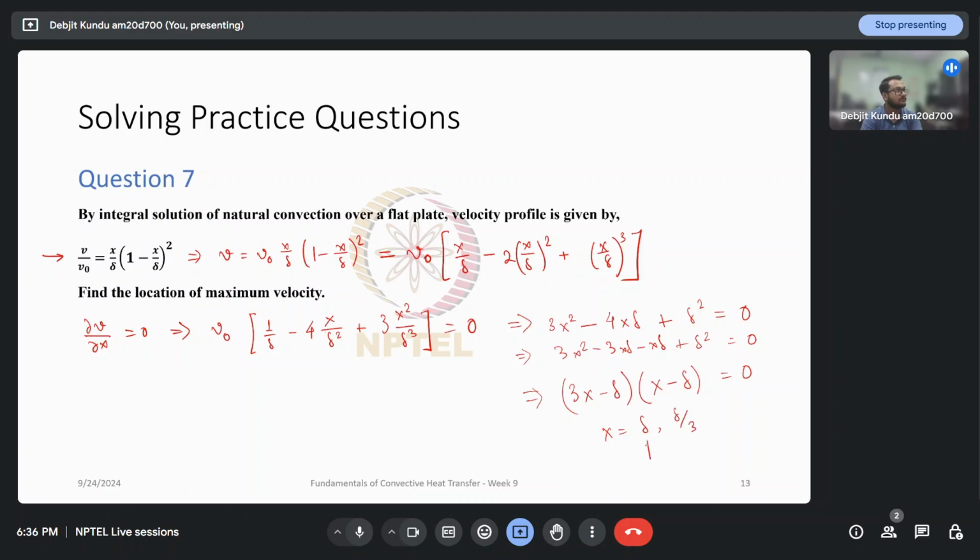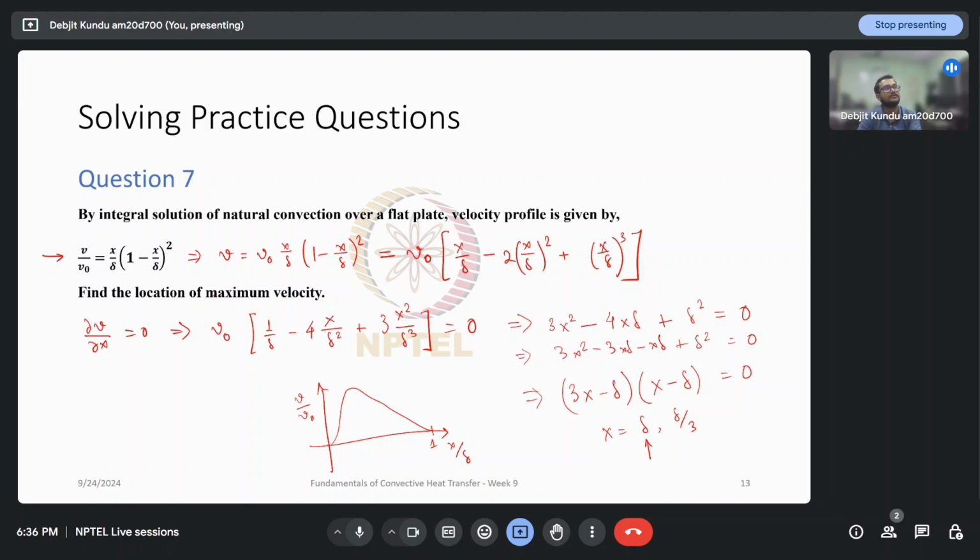The x equal to delta solution doesn't make sense because, let's say this is my velocity profile, I have v by v naught, and let's say I have x by delta over here. At 1, or x equal to delta, at the boundary layer edge, the velocity becomes 0.